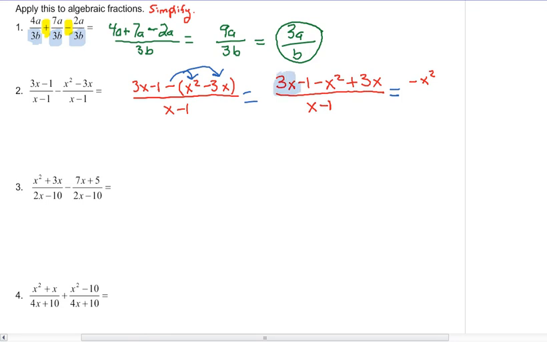So we have 3x plus 3x, which gives us a positive 6x. And then all you have left is this minus 1. And all of that's over x minus 1.